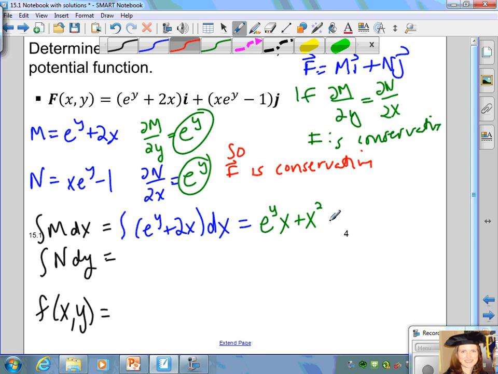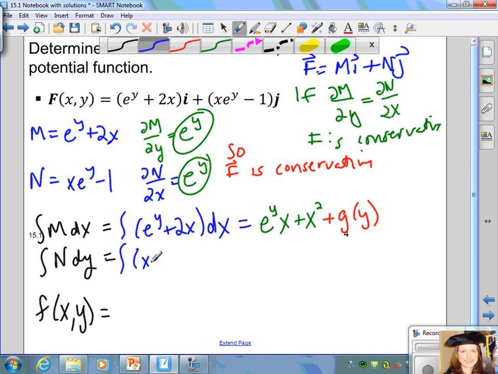Plus, we could be adding constants here, but instead of just adding a plus c, we treat y as a constant, so we could have y's in this as well. So we write this as plus g of y, which means it's a function of constants where we could also have a y.